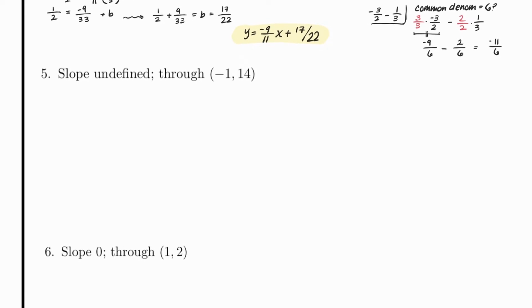Okay, so the next one wants the equation of the line with undefined slope that passes through the point (-1, 14). Remember that undefined slope means we had a division by 0 in y2 minus y1 over x2 minus x1.